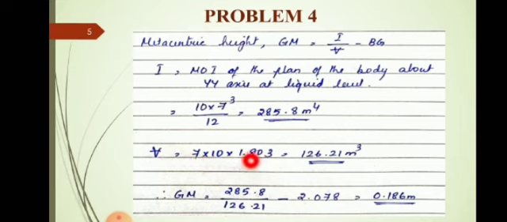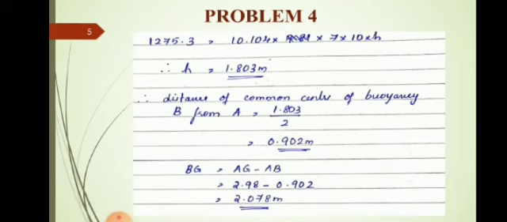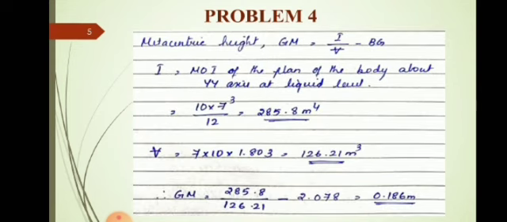V bar is the volume of immersion. For the volume of immersion also we have to consider the depth of immersion, which we have got as 1.803 meters. So the volume of immersion is 7 into 10 into 1.803, which is 126.21 meter cube. Substituting the values, GM is equal to I by V bar minus BG.